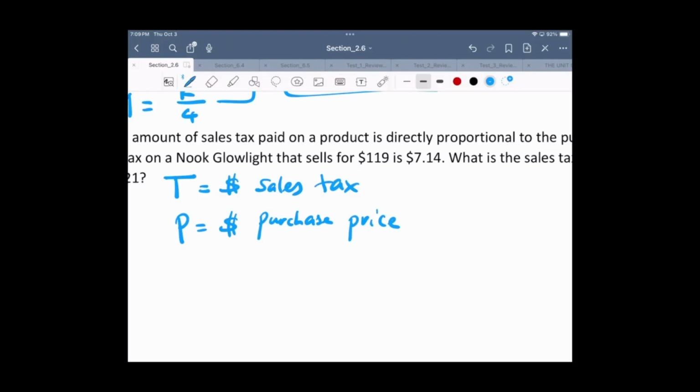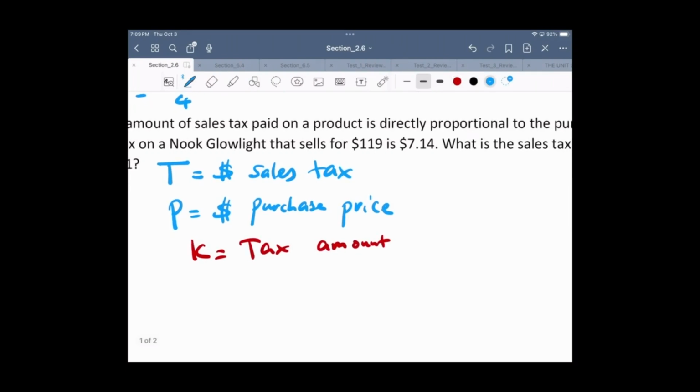So we know how the relationship works between these two, right? The sales tax, and let's say K represents the tax amount or the tax percentage, however you want to calculate this. So then the sales tax would be, or the tax amount, maybe I should revise this. Let me revise this to tax amount.